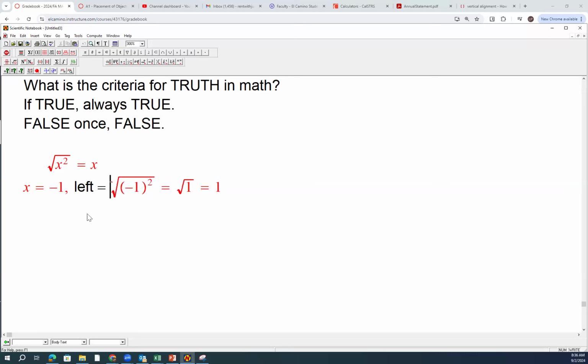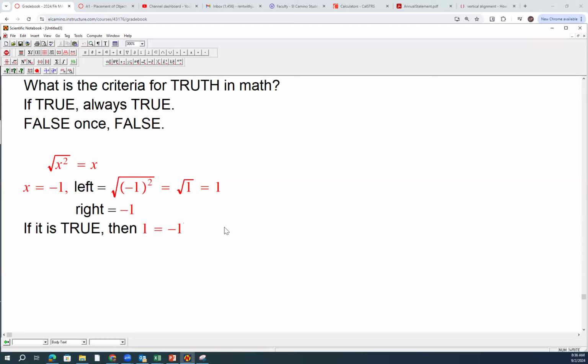If the statement is true, then in this case we got 1 equals -1. Therefore, the assumption that it is true is not right, because 1 equals -1 is not true.